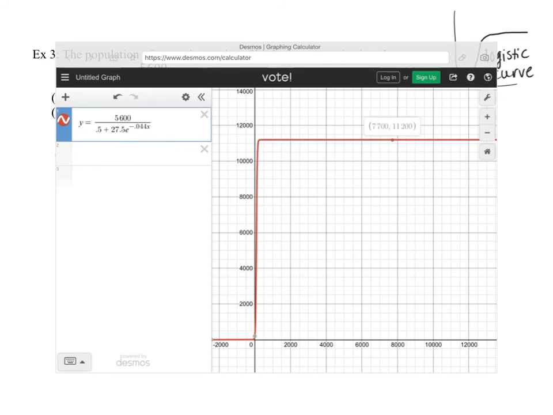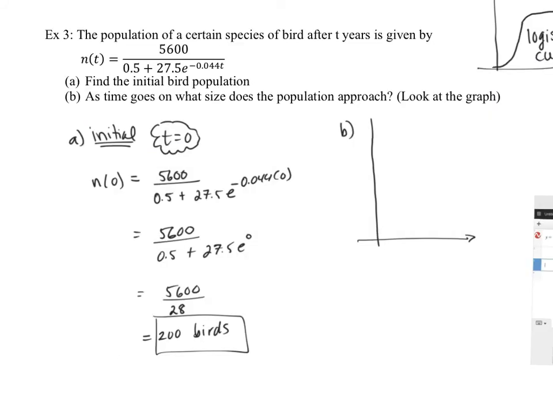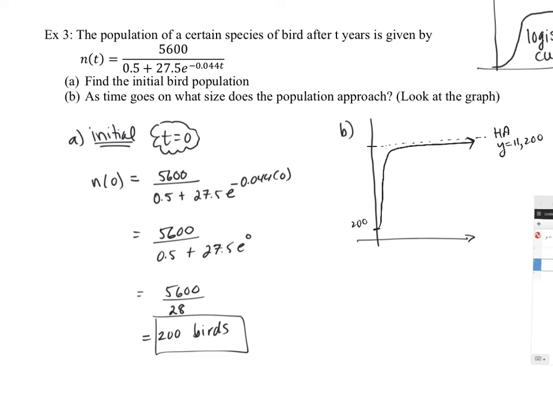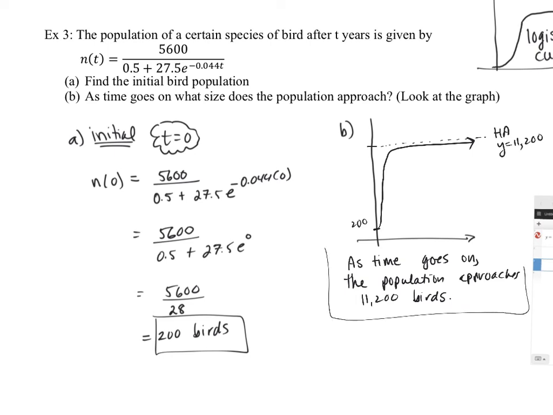It's looking like it's going towards 11,200. So if we had a y-intercept of 200, and then it was going up, and that horizontal asymptote was at 11,200, as time goes on, what is the size the population approaches? It is approaching 11,200 birds if the initial population was 200 birds.